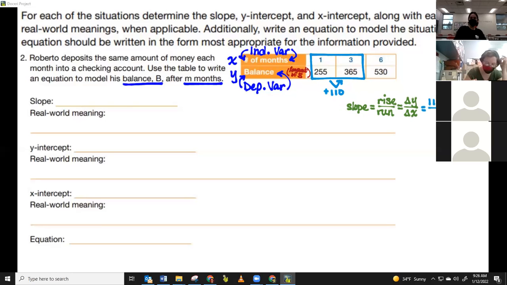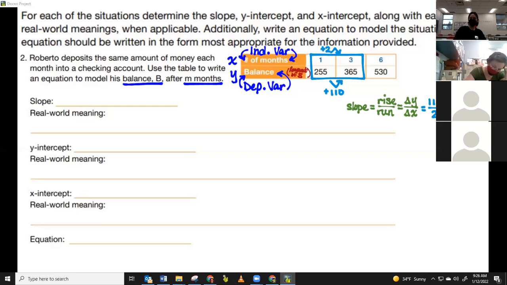And at the same time that the y's changed by 110, how much did the x's change by? 2. Bigger or smaller? Bigger. So that would be a +2. So I'm going to put a 2 in my denominator.